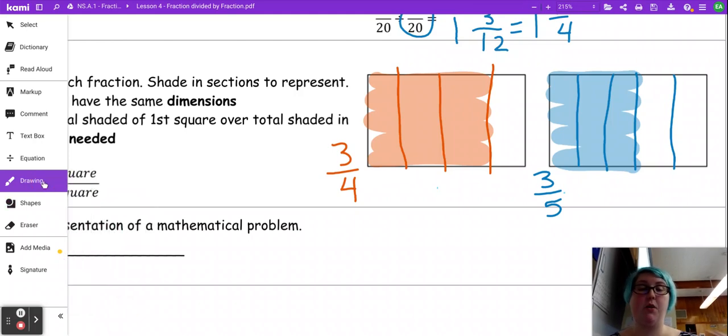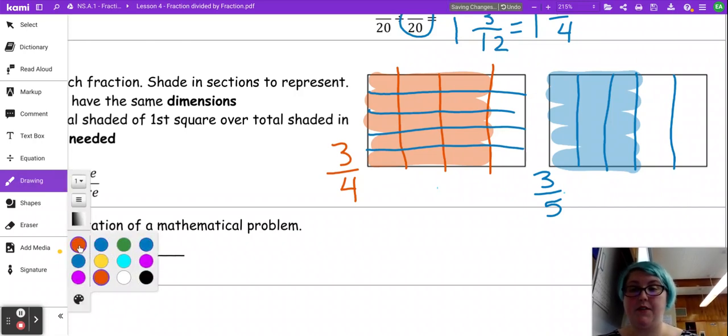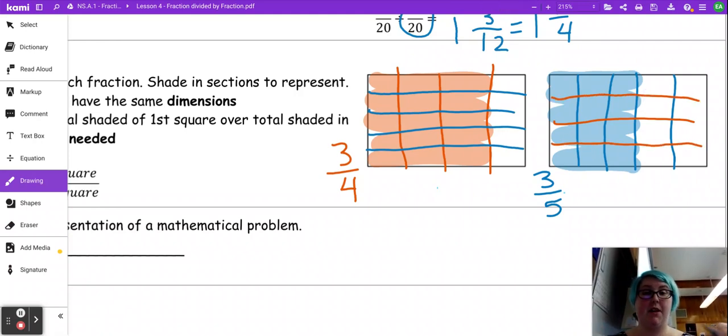So for our 3/4, we have to go across. We're going to divide this into fifths. And for the 3/5 box, we need to divide this into fourths. Each box has to have the same number. In this case, each box has 20 squares. So they each have the same. Notice how we're making equivalent fractions just with a picture.